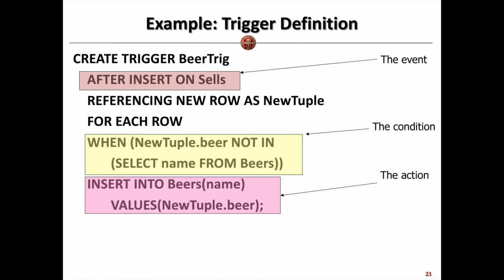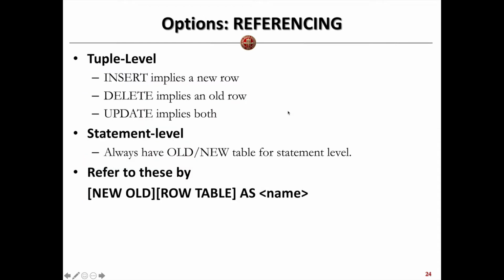Besides this, we also need to talk about this referencing new row as new tuple. This reference can also work on either the tuple level or statement level. If we are working on the tuple level, the insert implies a new row, right? If we insert into a table, we can create a new row, right? And if we have the delete as action, it implies an old row, right?